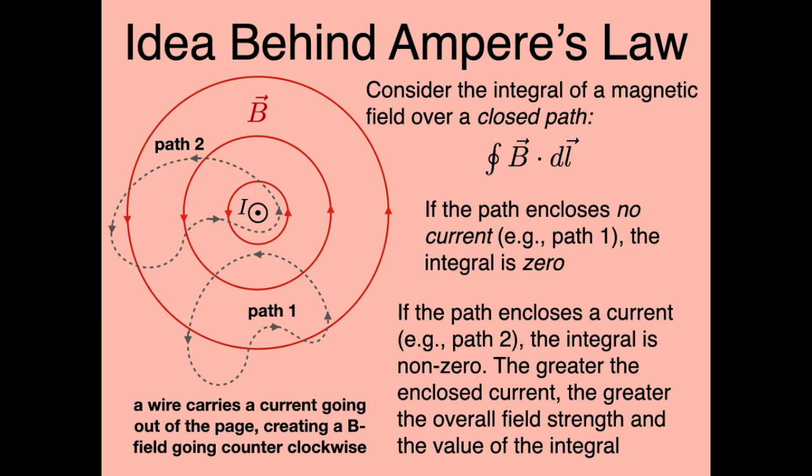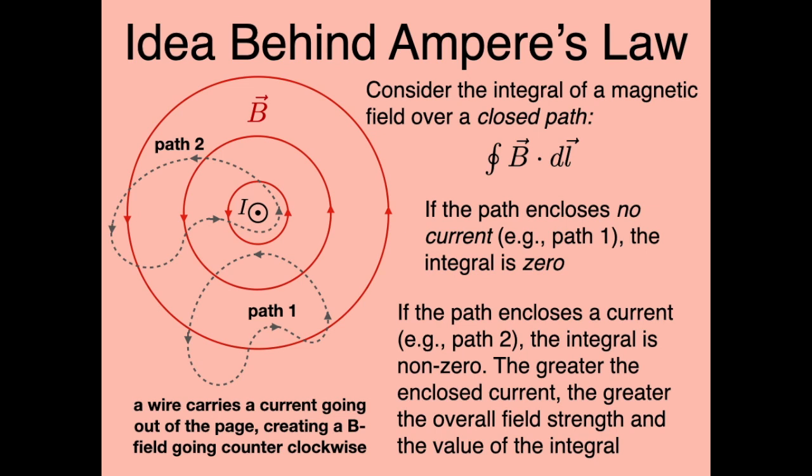Let's think about different ways this integral could go. In the picture on the left side, you're seeing the magnetic field produced by a very long wire that's carrying a current I. So the current is coming out of the page. Imagine in this case that the wire is coming out of the page at you, and it's carrying a current in that direction.